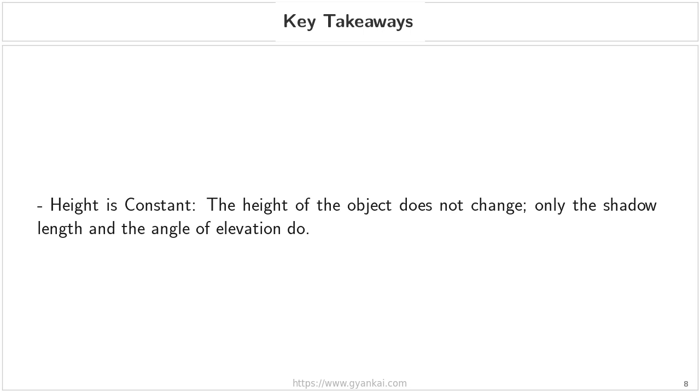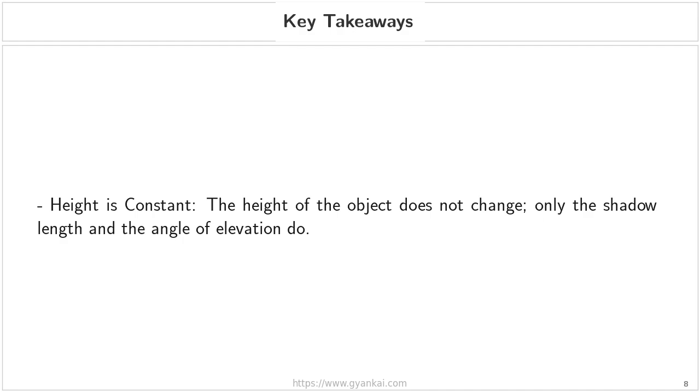Key takeaways. Now that we have successfully worked through that example and found the height of the pole, let's take a moment to recap the key takeaways from this lesson so you can apply them to any similar problem you might encounter. First, always remember that the height of the object is constant. Whether the sun is high or low, the pole or the building itself isn't growing or shrinking.